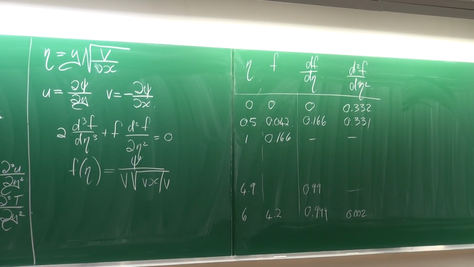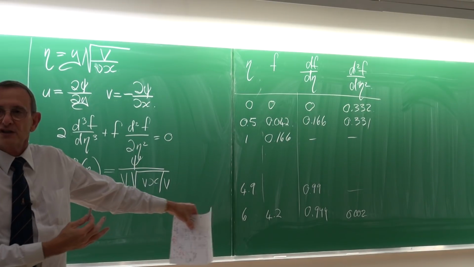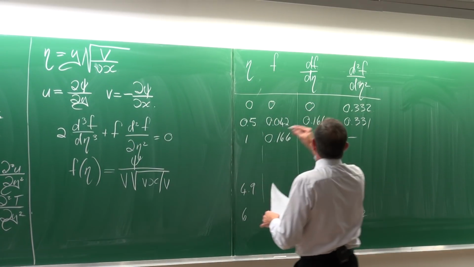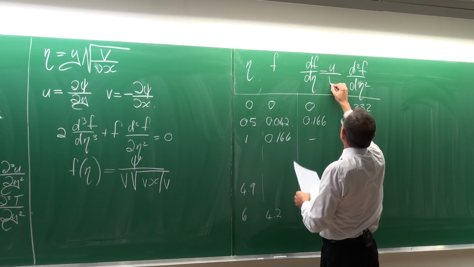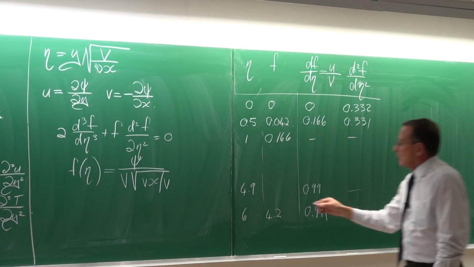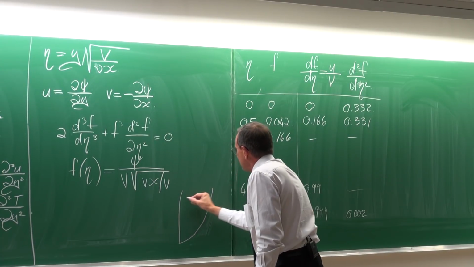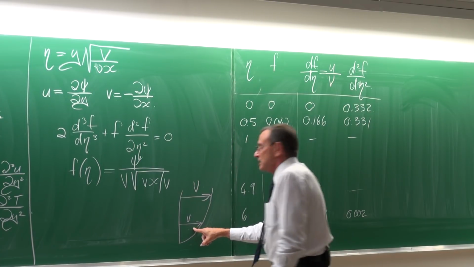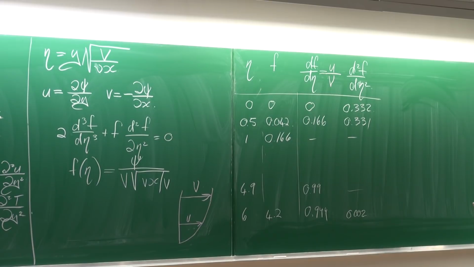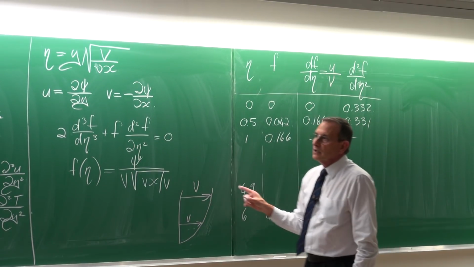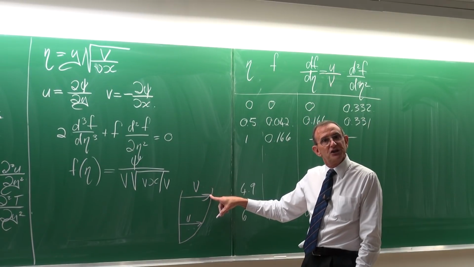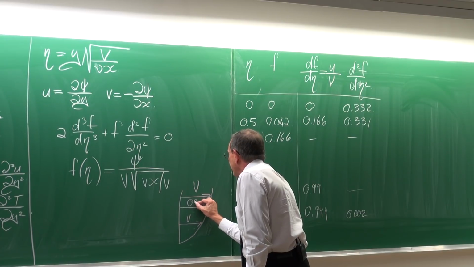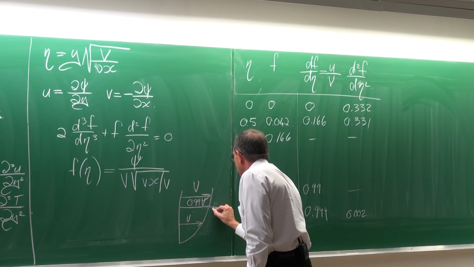Now, Blasius figured out two things, which is not so obvious if you look at this very quickly. The first one is that f'(η) is actually equal to u divided by V, where in a boundary layer V would be the free stream velocity. It's the velocity divided by the free stream velocity. Now, we have said the definition of the boundary layer thickness is where this is equal to 0.99 times V. You remember?